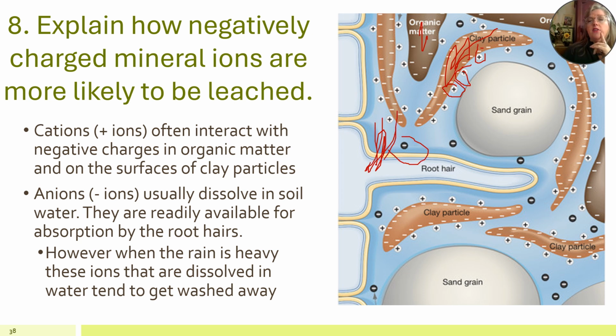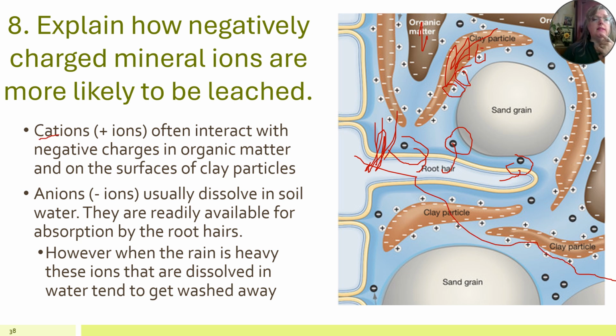But the poor negatives are sitting here floating around in the water, which could be good or could be bad, because the plants can take these negatives that are floating in the water and use them just fine. That's actually a good way for the plants to get the negative ions. However, if you have rain or overwatering, this stuff will get washed away and the plants can't use it at all.